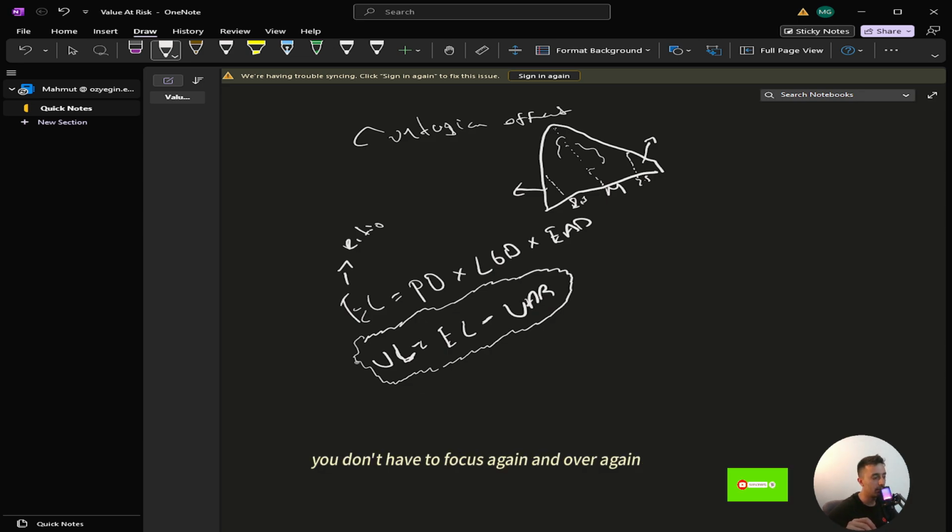Okay, historical is really easy. You don't have to focus again and again. Just choose your highest and lowest return. That's enough. If you are using Monte Carlo, you have to focus on your simulation, because if you are using 1,000 and 10,000 simulations, you'll have different consequences or output, guys.